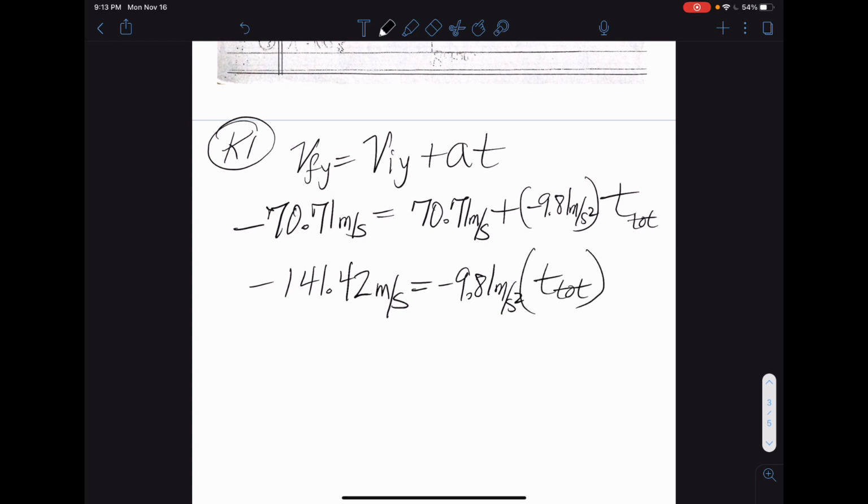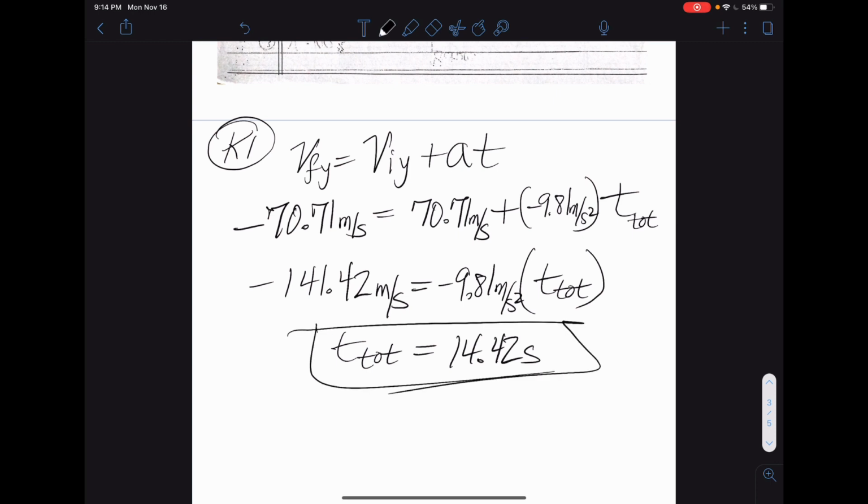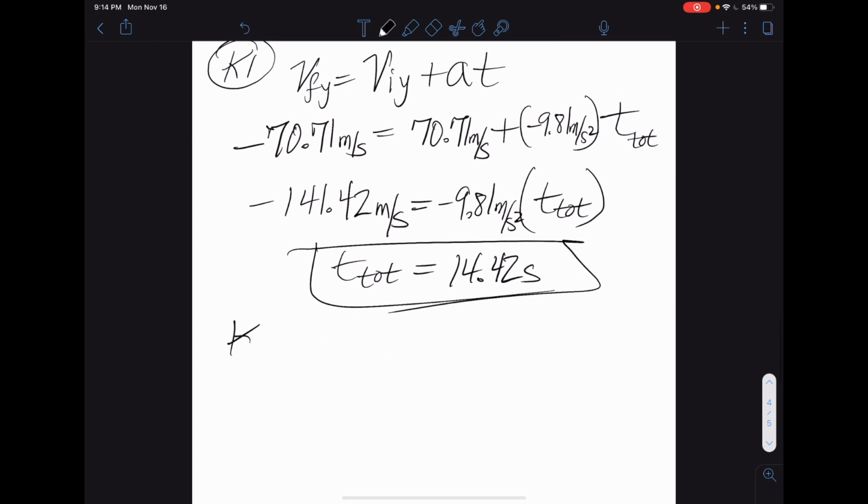Divide both sides by negative 9.81. You get 14.42. So there's one way to do it. Another way, K2.